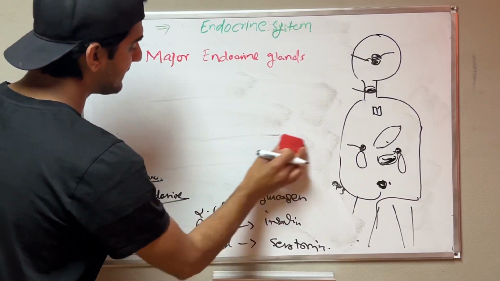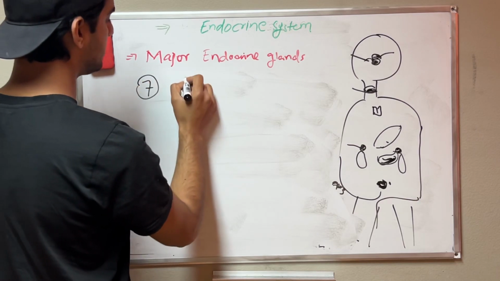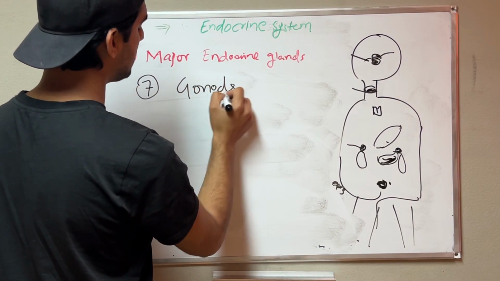Now the seventh major endocrine gland we have is the gonads.